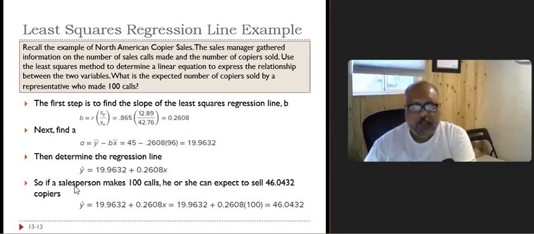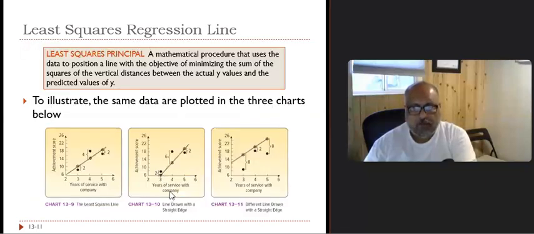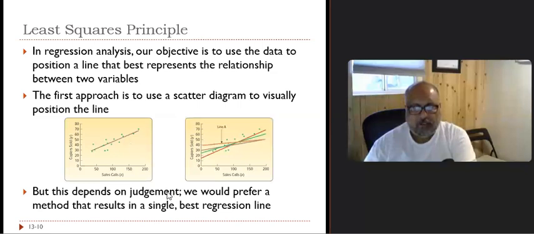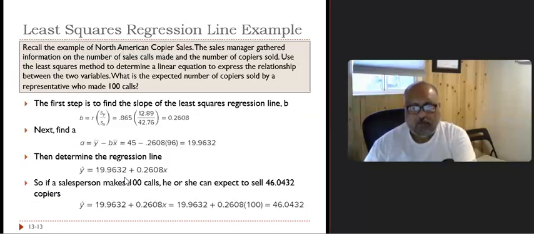In this case, one example here: if a salesperson makes 100 calls, how much can he or she sell? The number of calls are on the x-axis, sales calls on the x-axis, so those are values of x.